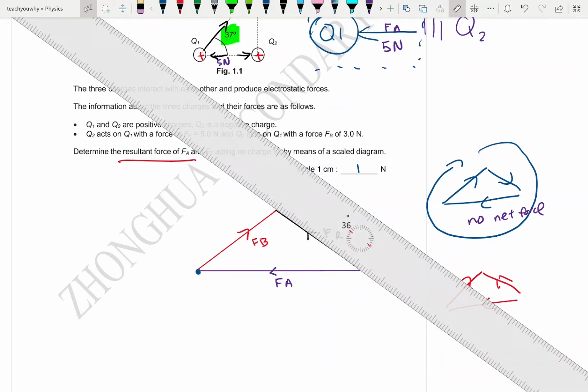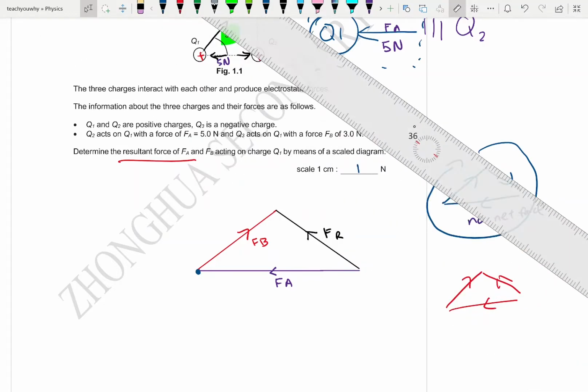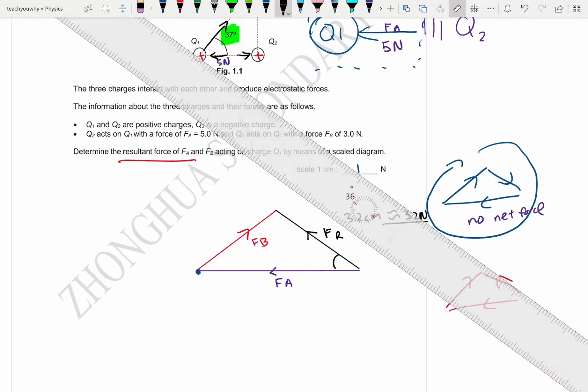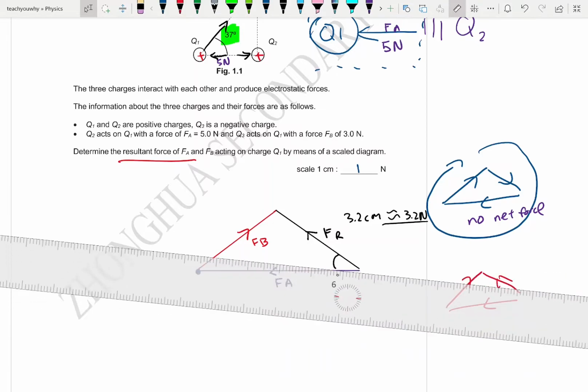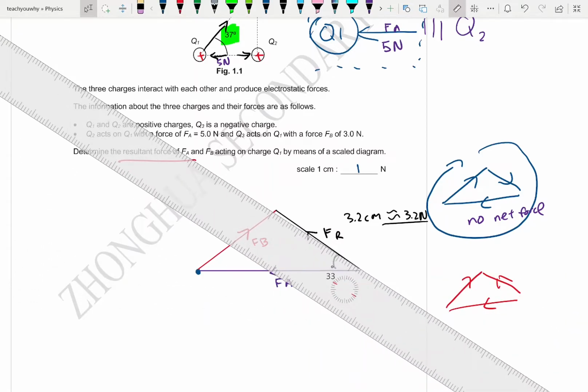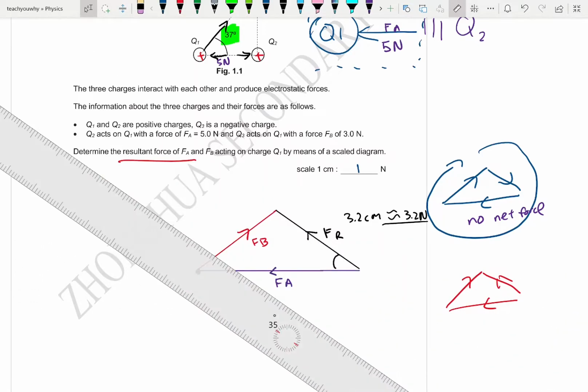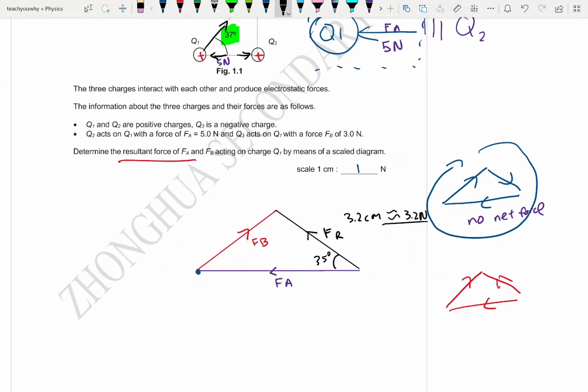On my ruler, it shows about 3.2 cm, which is approximately 3.2 newtons. This is my resultant force, and then you need to measure the angle. The angle is about 35 degrees from the horizontal.